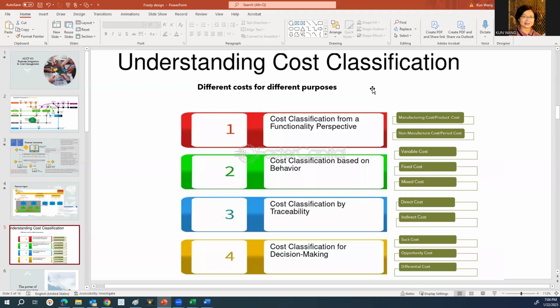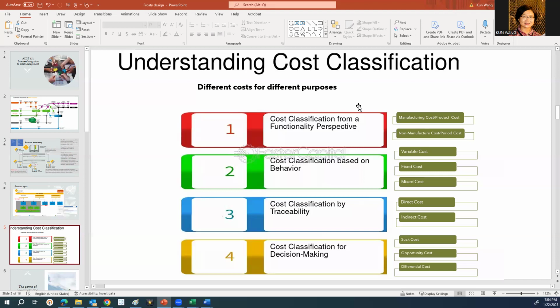I have a more detailed explanation in the video I already recorded, so there is no conflict. Okay, it means when you use one approach to classify the cost, it doesn't mean you cannot add the other approach. So it's really based upon your situation, what type of decision you are trying to make and all your business circumstances. So what type of decision scenarios or analyzing situations, we may apply different cost categories based upon the needs from management.